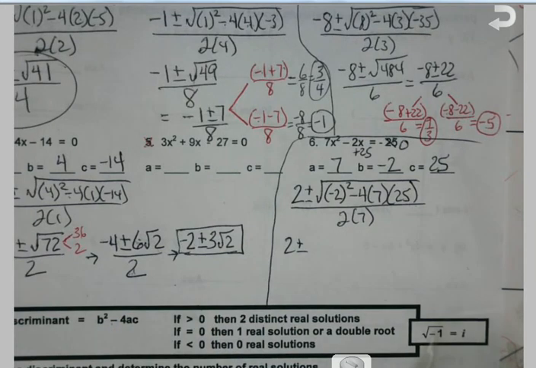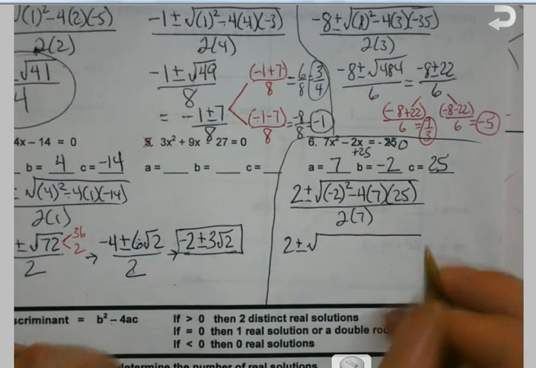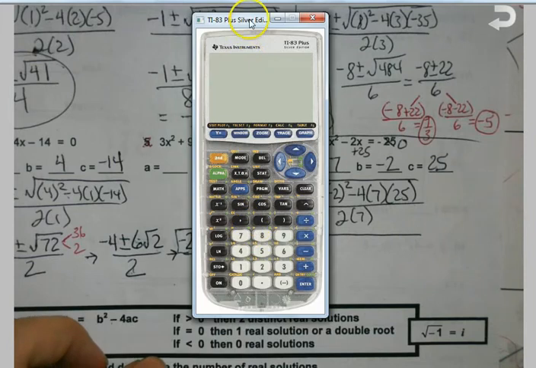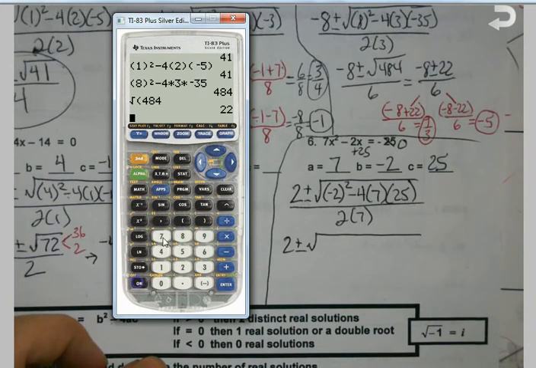All right. Ooh, this looks like fun. All right. We're going to play it safe. So we've got negative 2, don't forget your parentheses, squared, 4 times 7 times 25.